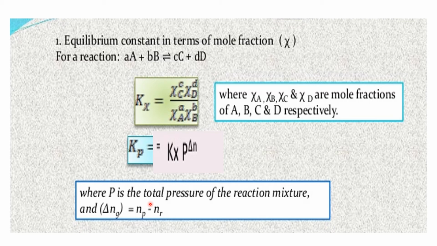So we have seen two relationships. One is Kp is equal to Kc into RT raised to delta n, and the second is Kp is equal to Kx into P raised to delta n. These two equations are very important, so they may ask problems relating Kp and Kc as well as Kp and Kx. Got it? Okay.